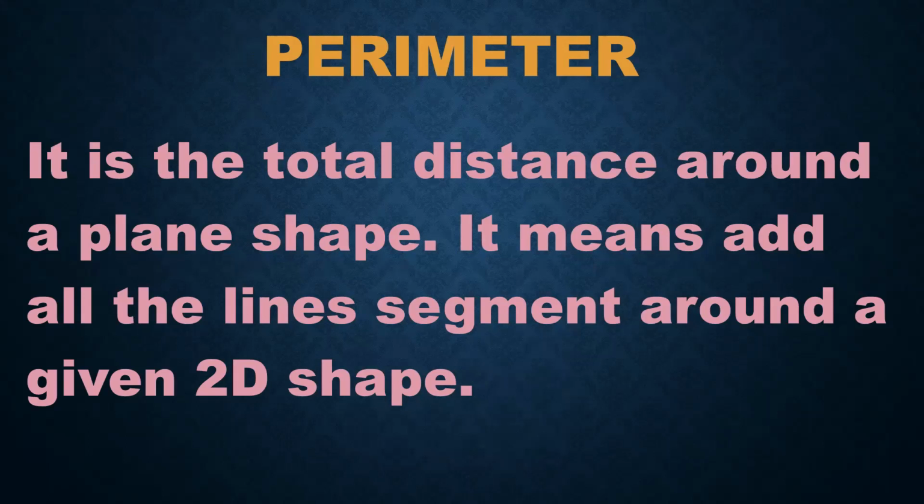So you're going to add all the dimensions around a given shape, and that one we call perimeter. So the perimeter will deal with the total line segments that form the shape, or the total distance around a given plane shape, and then all the line segments must be added. Okay, good.